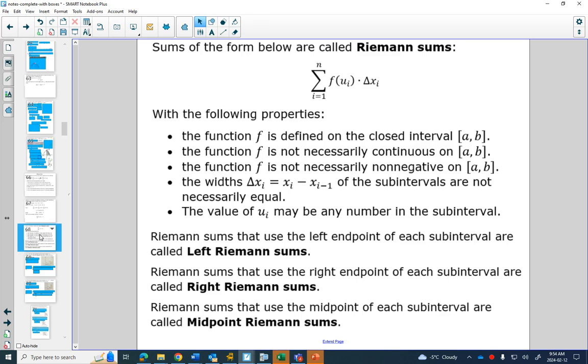So what Riemann was doing is he was playing around with this and saying, what are the things that have to be true and what doesn't have to be true, and what can we do to make that work? So he is also saying we don't have to use the left value or the right value, we can use any value.